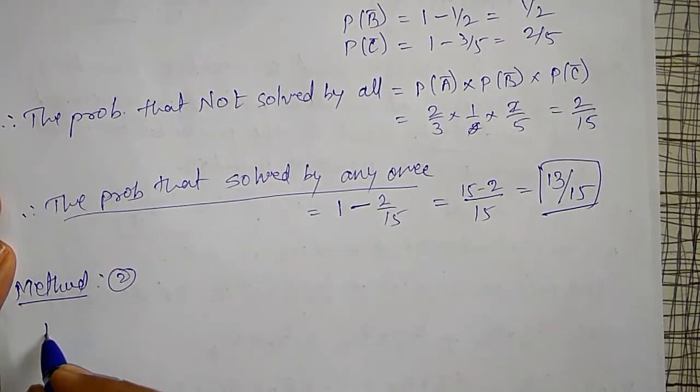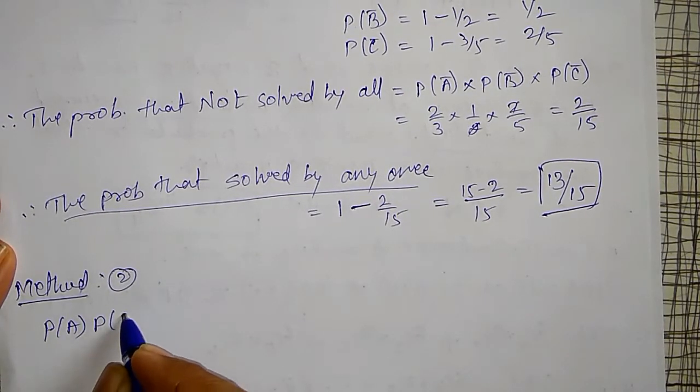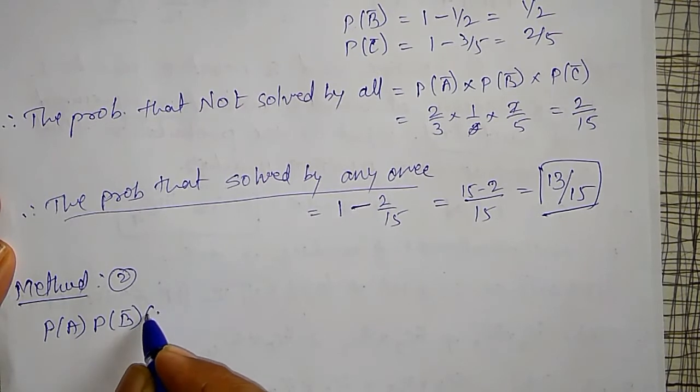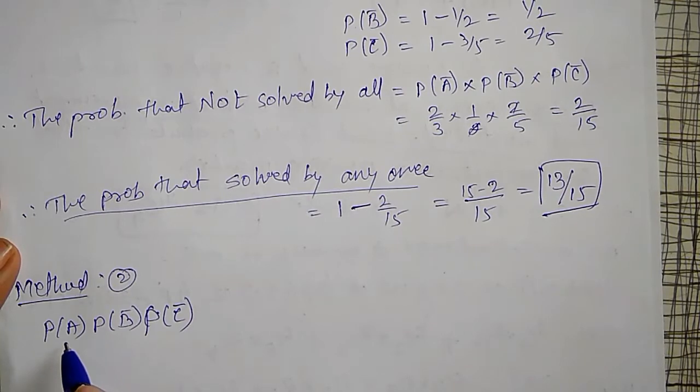Here a problem is solved by A, not solved by B, probability of not solved by C bar, means any one of them is solved.